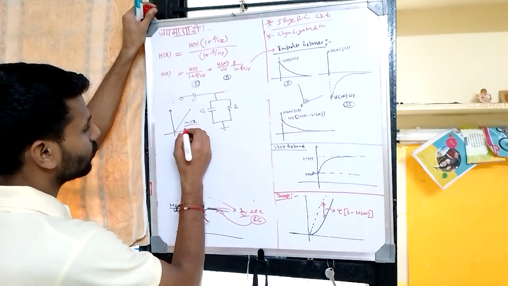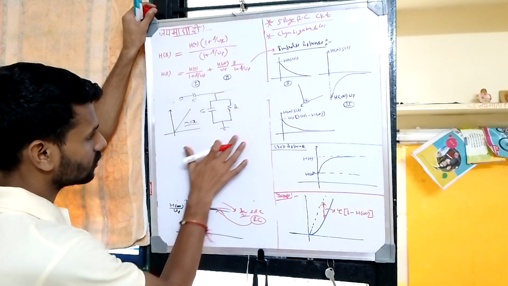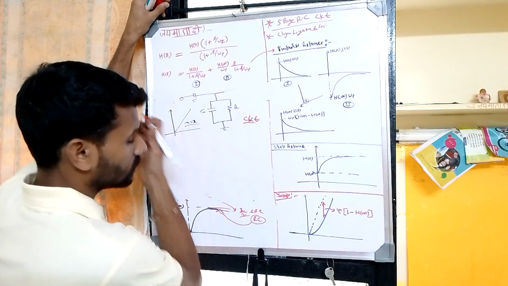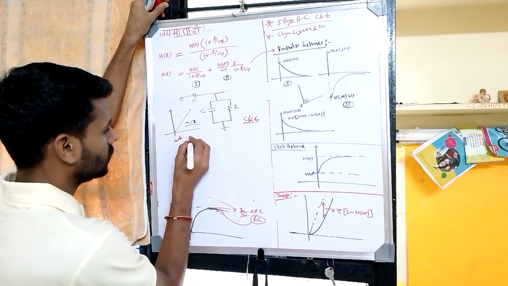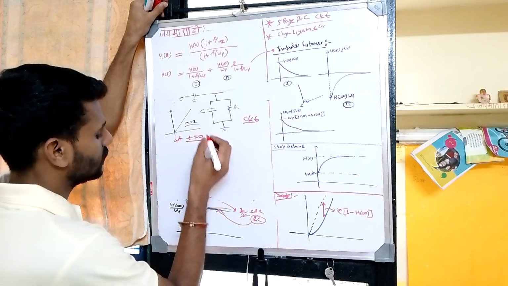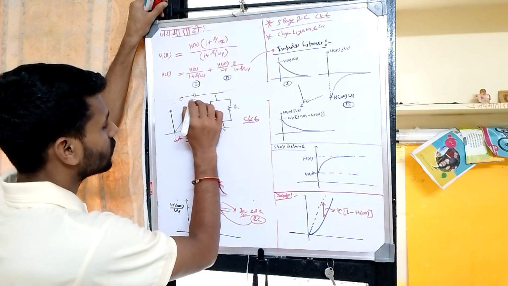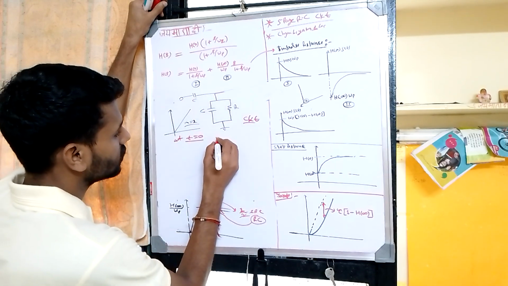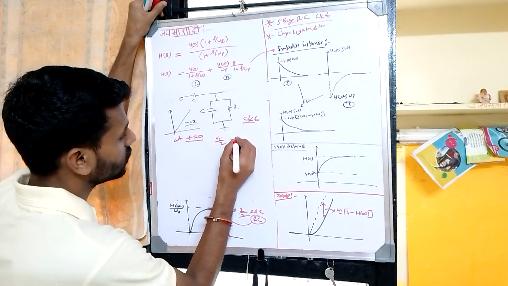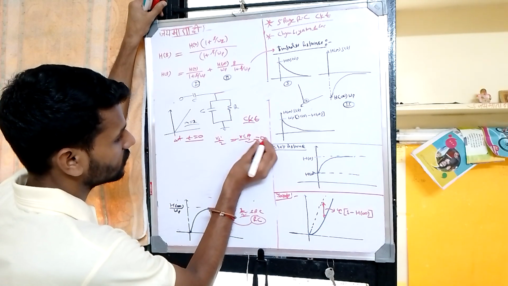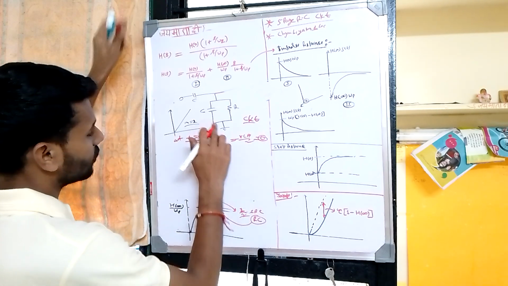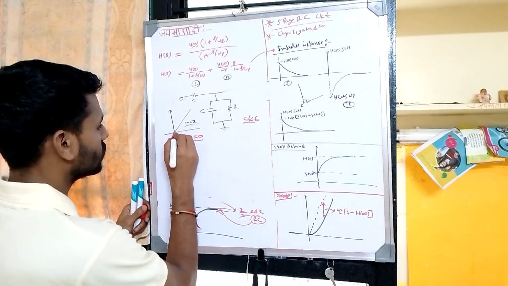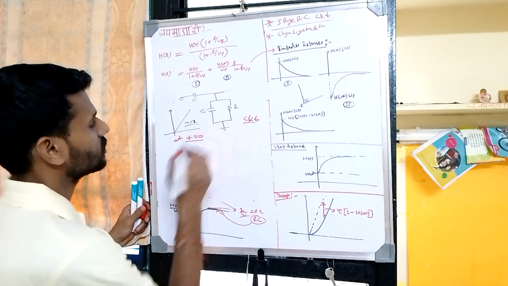If you provide a ramp signal to this circuit, at t equals 0 your capacitance will be a short circuit. This is Vi by 2, which is RT by 2, meaning approximately 0. At t equals 0 the input is 0, so your output will also be 0.